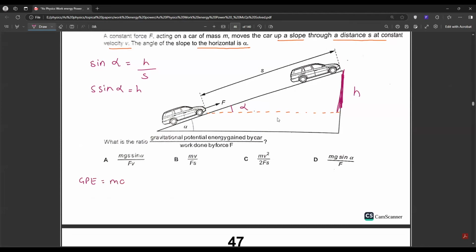Yes. mg and the height, that is S sine alpha. What will be the work done by force F? F into S. S and S cancel out. What is the actual ratio? mg sine alpha divided by F. Any answers like that? D is your answer. Perfect. And it is correct as well.